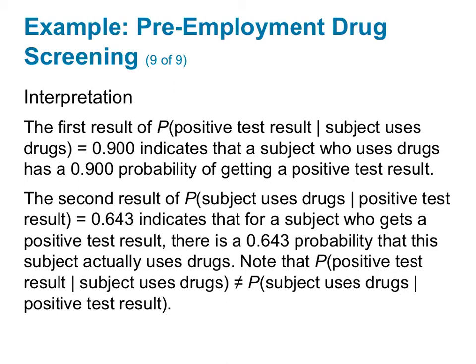Now, I want you to notice that the probability of a positive test result given a subject uses drugs is not equal to the probability that a subject uses drugs given a positive test result.